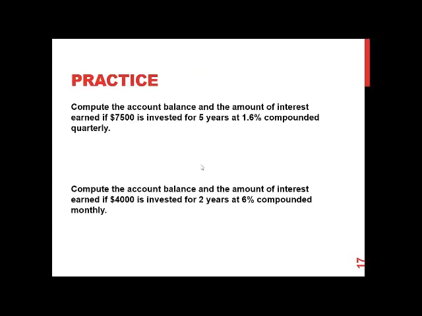Let's do a little practice. Compute the account balance and the amount of interest earned if $7,500 is invested for 5 years at 1.6% compounded quarterly. Let's bring up our little formula. Looks like we need to know what the principal is, and in this case $7,500 is invested, so $7,500 will be our principal.